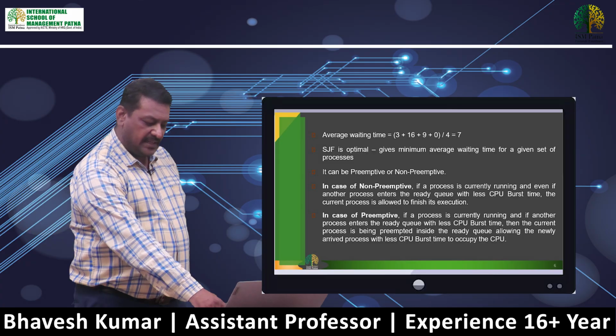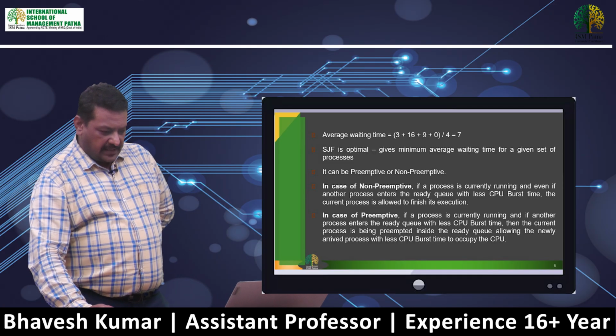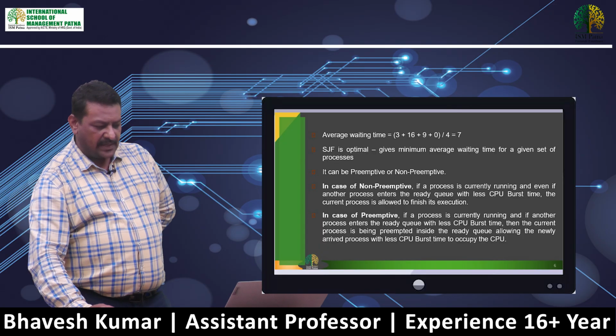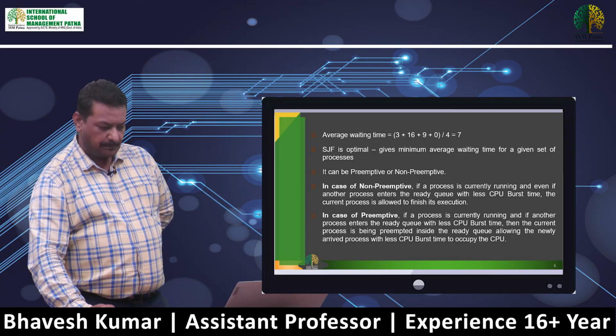the waiting time for each of the processes individually, here we can see in case of P1, P1 was waiting for 3 milliseconds for P4 to finish. So the individual waiting time for P1 would be 3 milliseconds.